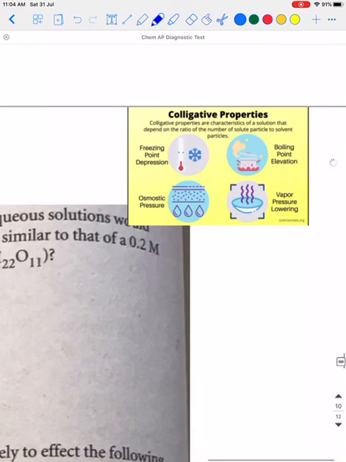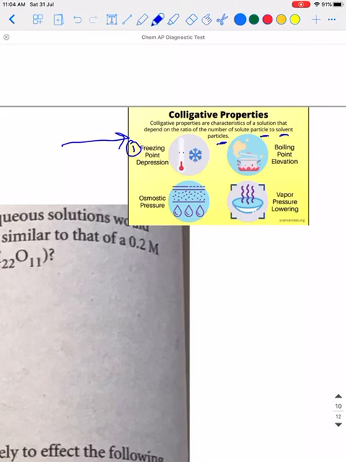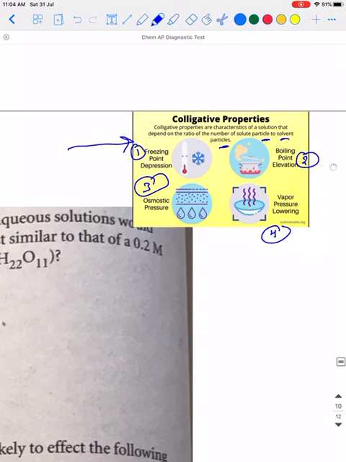Colligative properties are characteristics of a solution that depend on the ratio of number of solute particles to solvent particles. They are freezing point depression, boiling point elevation, osmotic pressure, and vapor pressure lowering.